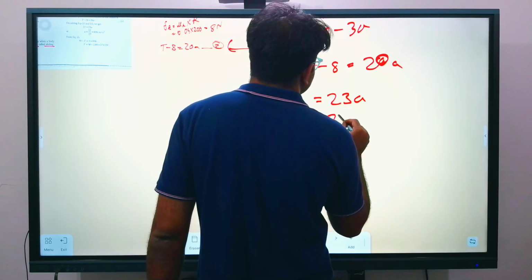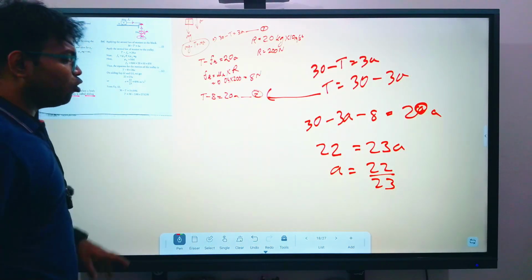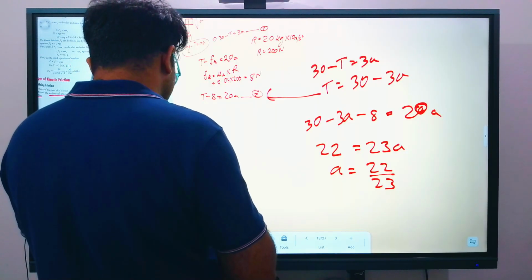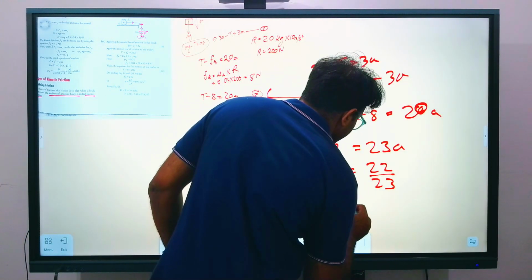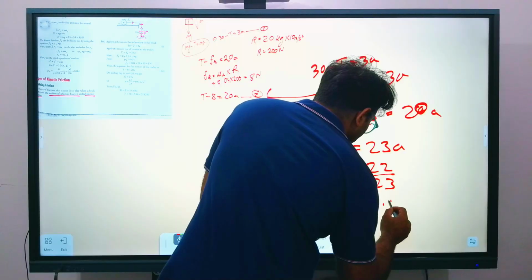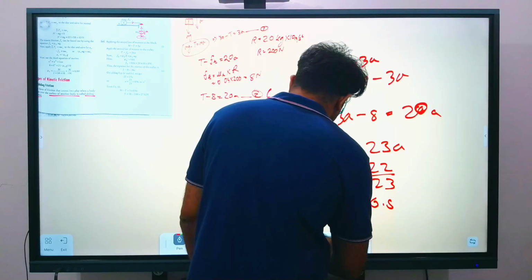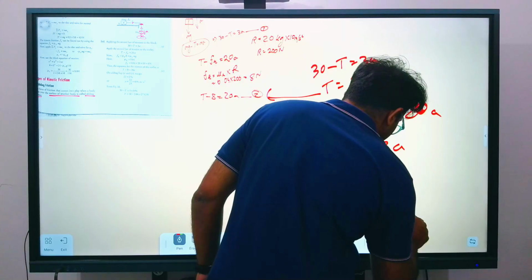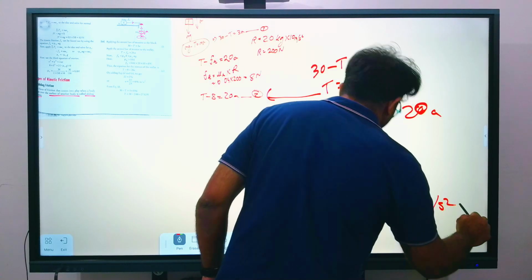A is equal to 22 upon 23. Is the answer correct? 22 upon 23? Yes. So acceleration becomes equal to 22 divided by 23, which is 0.956 meters per second square.